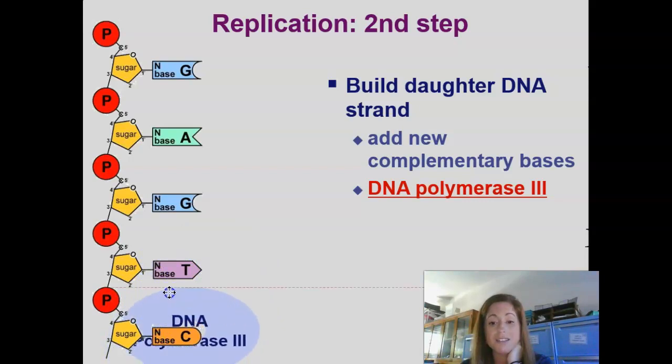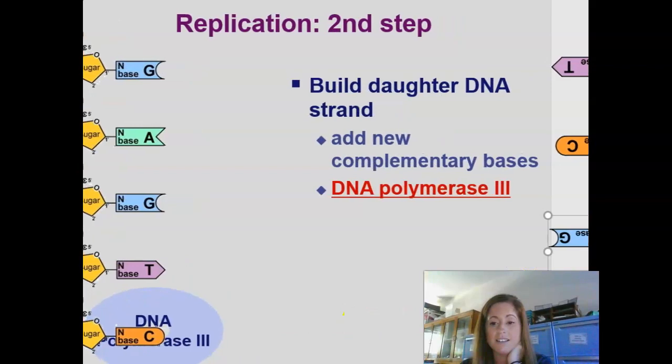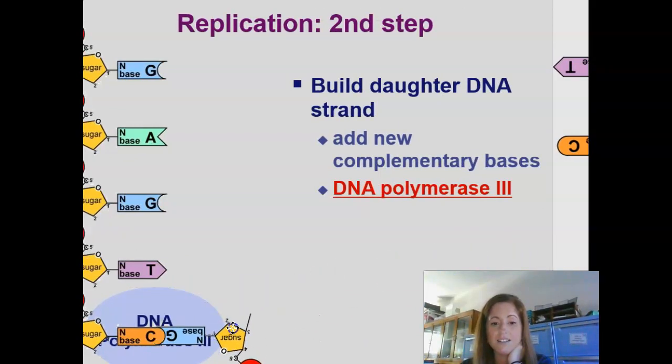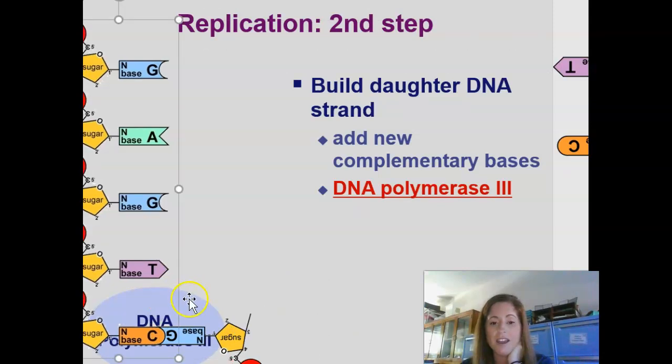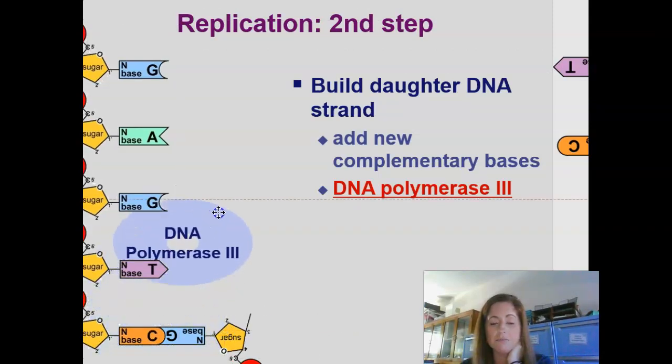And so what pairs with C? And so we know that guanine pairs with cytosine. And so it will bring in that nucleotide to base pair with it. And then as we move up, DNA polymerase will keep moving in the 5 to 3 direction.